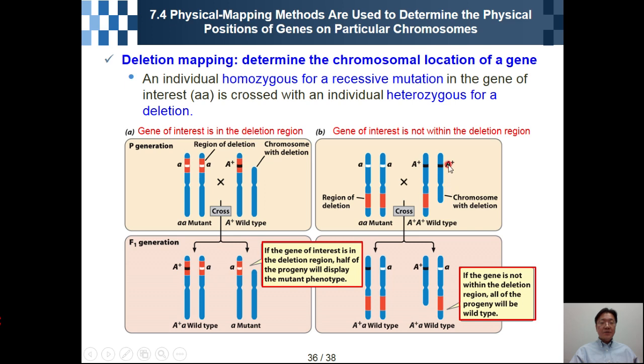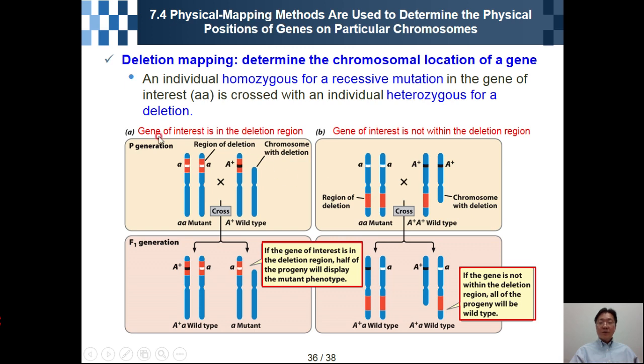Another case is our gene of interest is not within the deletion region. In this case, usually the individual homozygous for the recessive mutation, small a, small a, is crossed with an individual heterozygous for the deletion. So one has the deletion, one has no deletion.